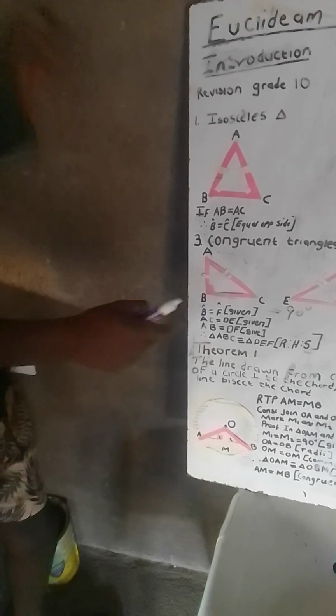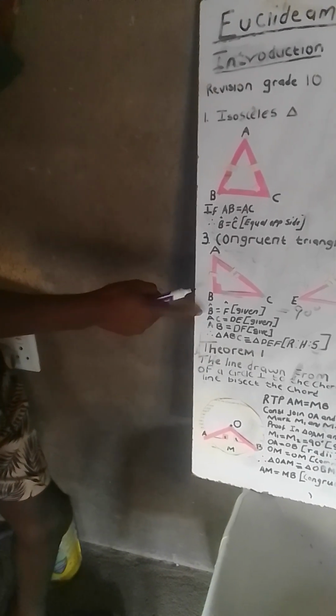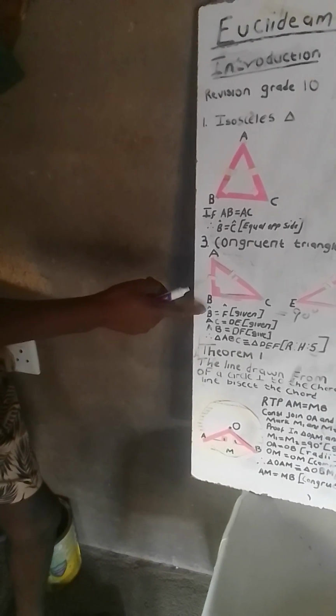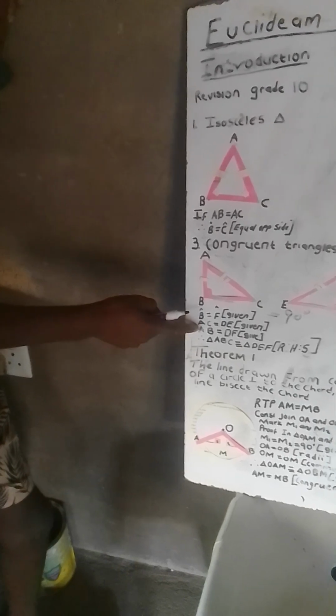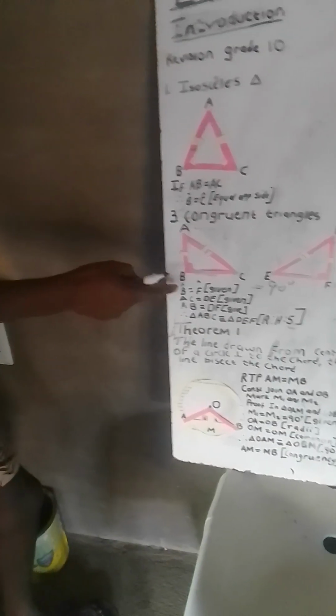Now we have angle and side which are equal from the two triangles. So we can conclude that triangle ABC is congruent to triangle DEF. Why?